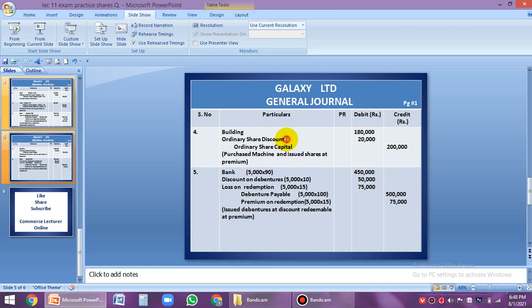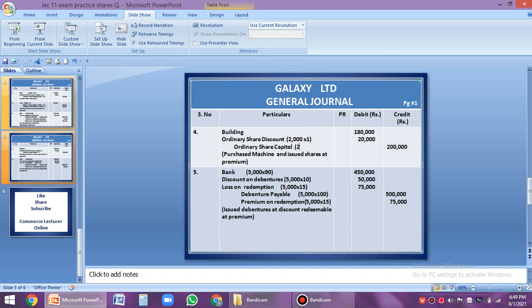If you want to see how the amount of discount is calculated, you can easily calculate it by dividing 180,000 with 9, and this is how the number of shares will be given to you. We can calculate that 2,000 shares are the answer. So 2,000 multiplied by 1 rupee is your discount. So we can write 2,000 multiplied by 1 as discount, which we had recorded here.